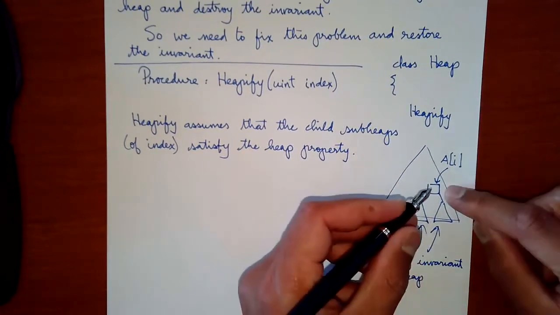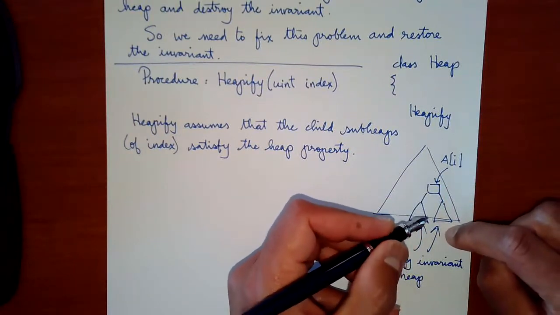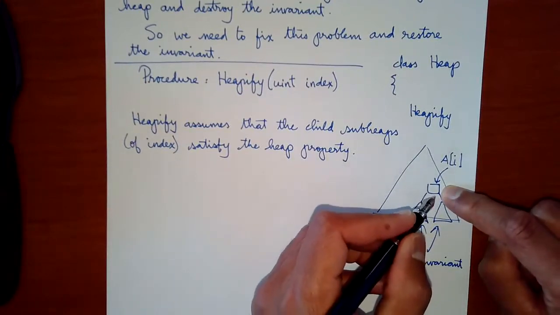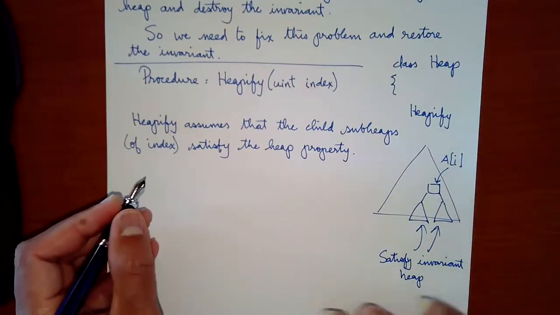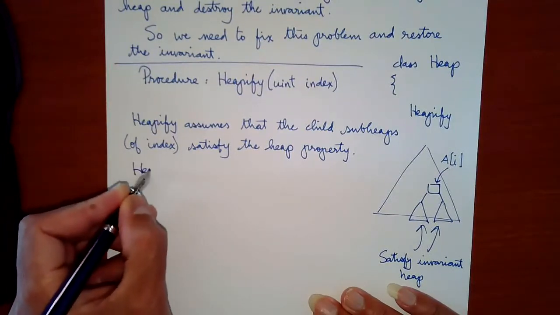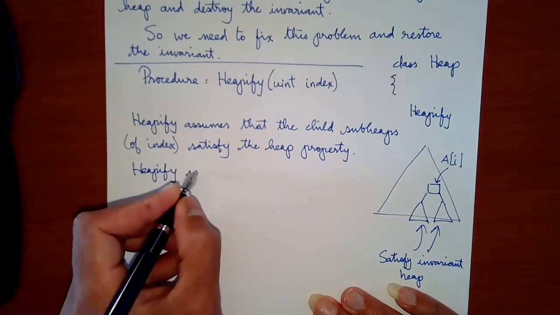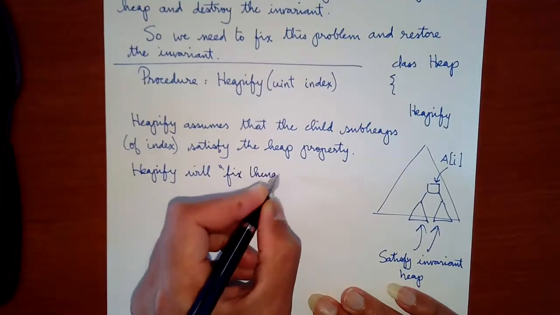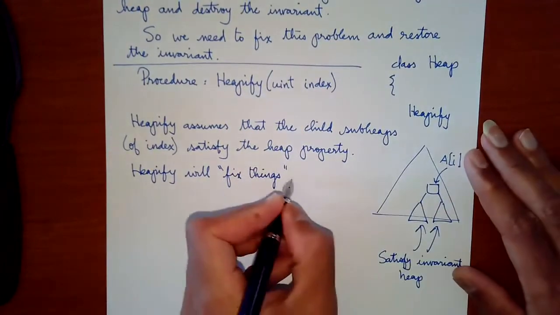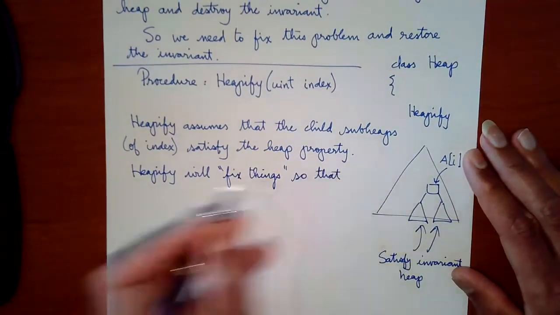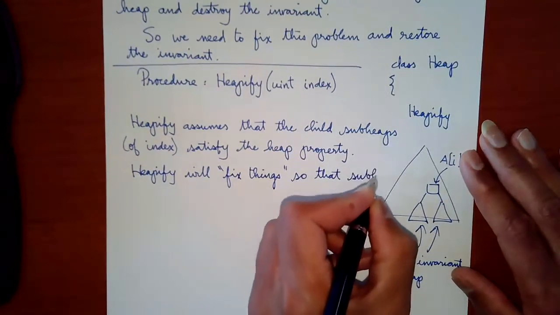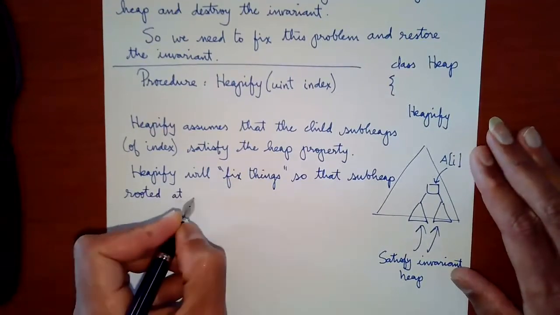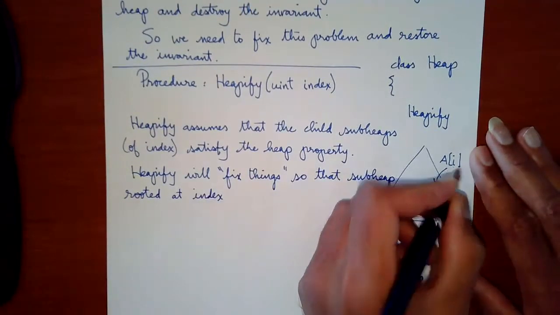And so that happens sort of under A of I. But maybe it doesn't happen at A of I. Heapify is going to fix that problem at A of I. So Heapify will fix things so that the subheap rooted at index, sorry, instead of I should have called that index.